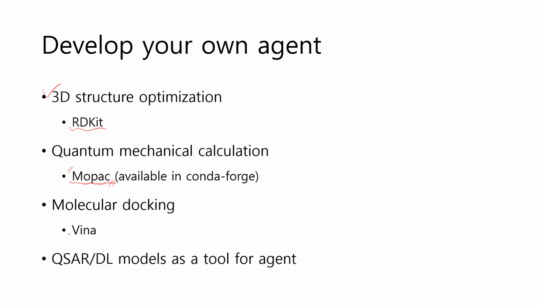And also Vina is now available as a Python library. So you can make your agent run molecular docking if the user provides the name of a chemical and protein.